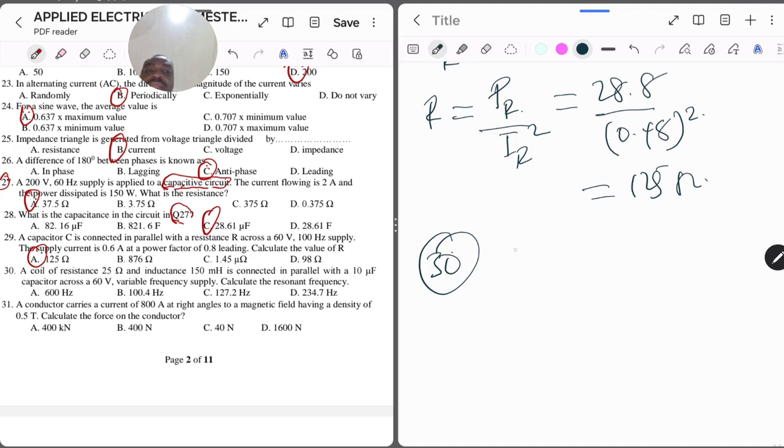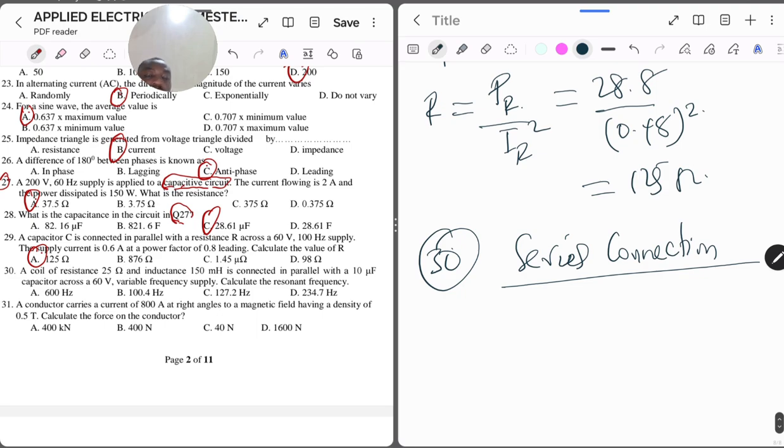For series connection, you get the series resonant frequency, FRS, which is 1 over 2 pi times the square root of LC, the inductance and the capacitance. That's the formula.